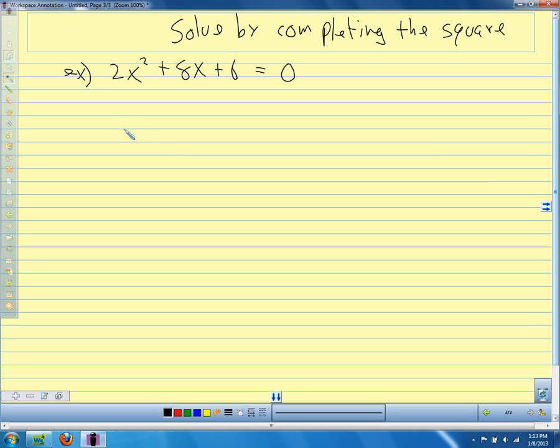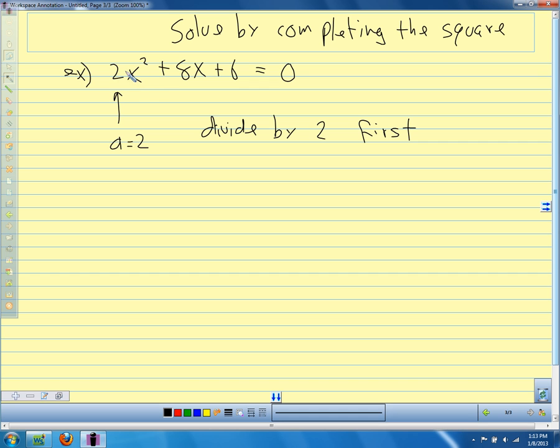So here we have a = 2. So we have this number in front of the x squared. So our first step when we're solving by completing the square is divide everything by a. So we're going to divide everything by 2 first. So I'm going to divide everything by 2.